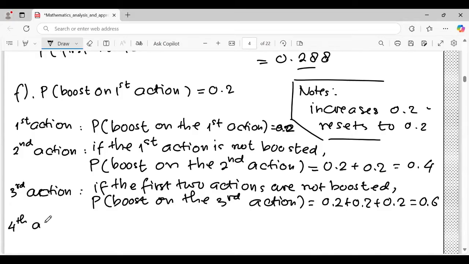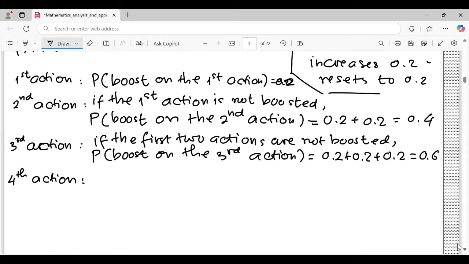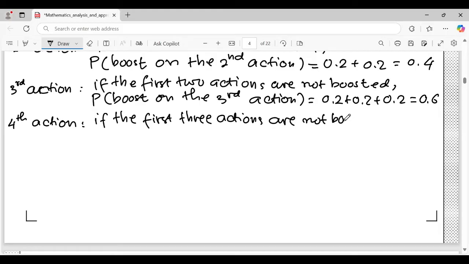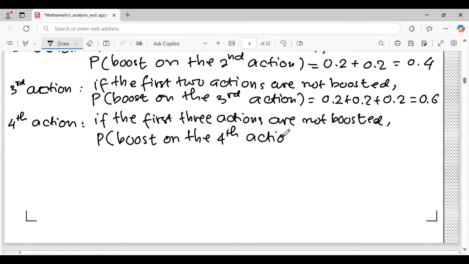At the fourth action, if the first three actions are not boosted, the probability of boost on the fourth action equals 0.6 plus 0.2.